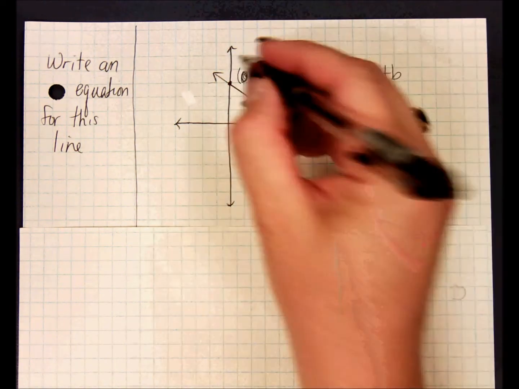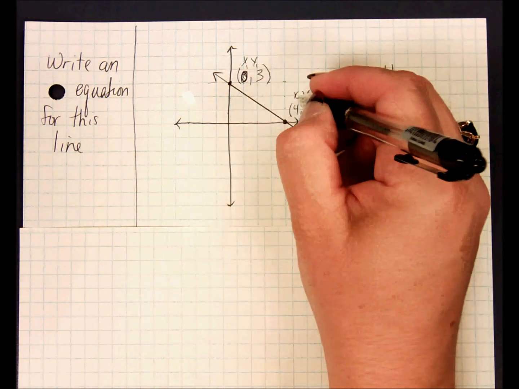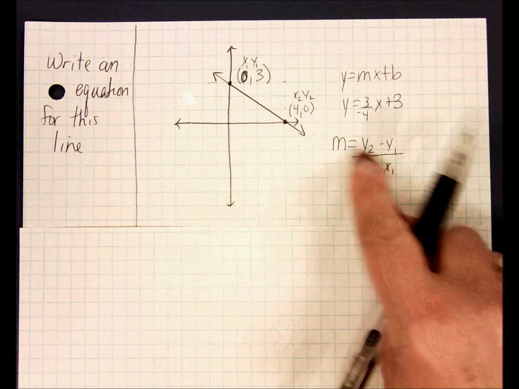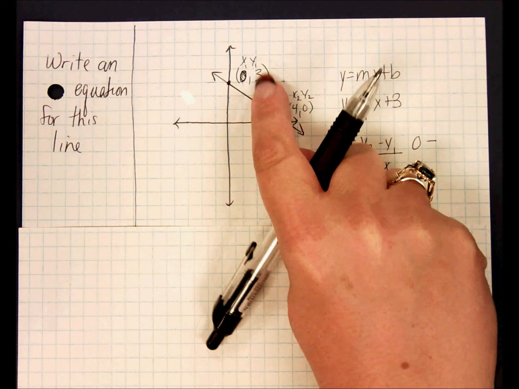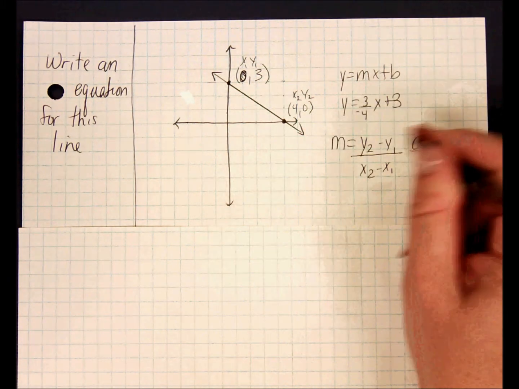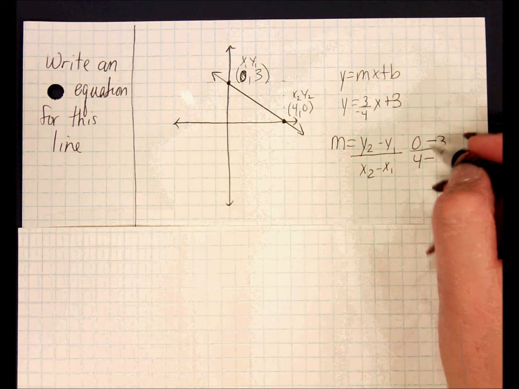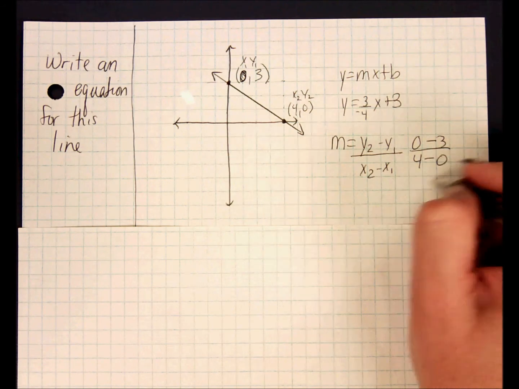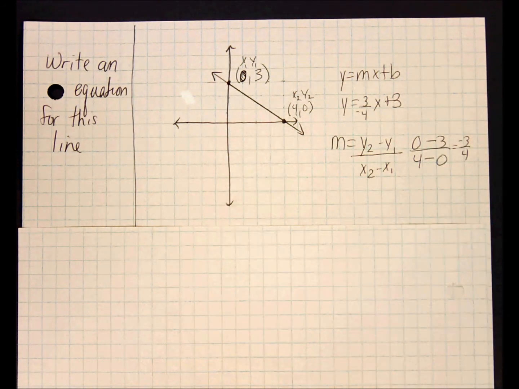Okay, so now decide which one's going to be your 1 and which one's going to be your 2. y2 is 0 minus y1. Right there it says y1 is 3. x2 is 4 and x1 is 0. So in the case of this problem, I get negative 3 over positive 4. So I got the same slope.